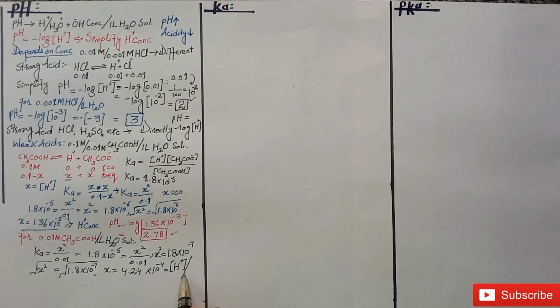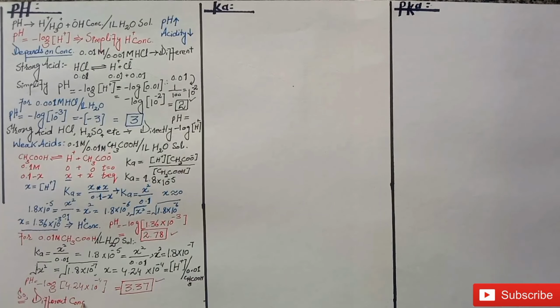Now, as we know the concentration of hydrogen ions, by taking the negative log of this concentration, we can find out the pH, which is 3.37. This is the pH of 0.01 molar acetic acid. So acids having different concentrations with equal volume have different pH. If the concentration is higher, pH is lower and the acidity of that acid will be higher.